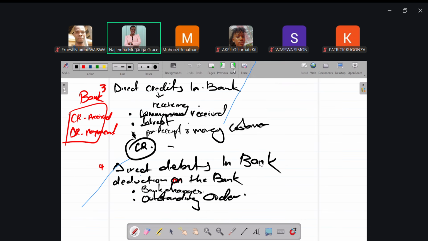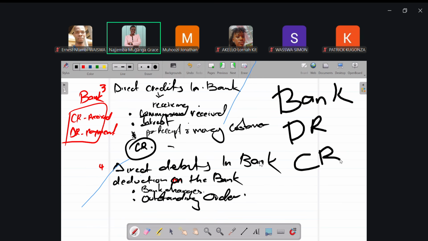But the unticked we're talking about are the ones in the bank. The unticked in the bank means the cash book did not capture those transactions. The ones on the debit are direct debits. The ones on the credit, unticked, do not appear in the cash book. That's why you did not tick them. So the ones on the credit are the direct credits.